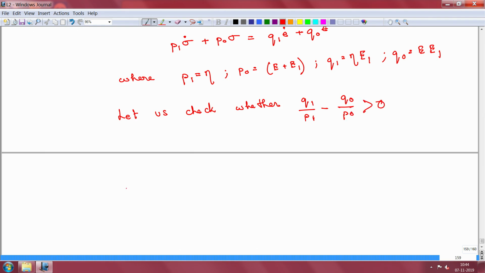Now Q1 by P1 minus Q naught by P naught is equal to eta E1 by eta minus Q naught, this is E E1, divided by P naught, which is E plus E1.